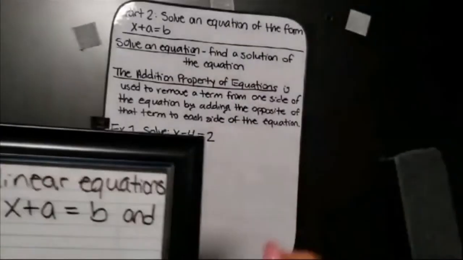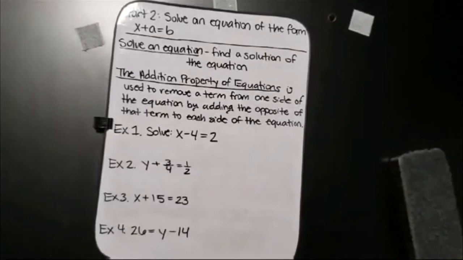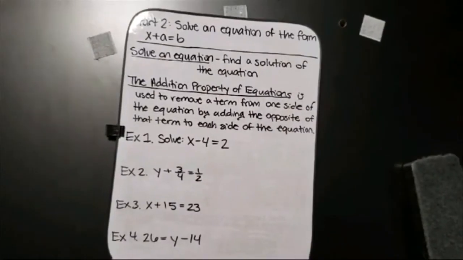So let's go into part 2. You guys can go ahead and start copying that down. For part 2, we're going to actually start solving the equations of the form x plus a equals b.